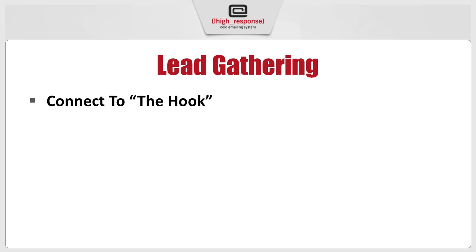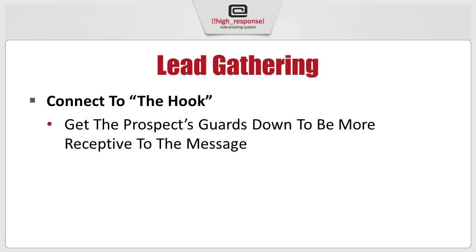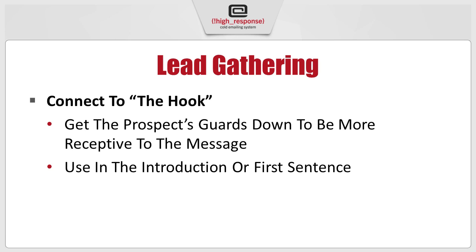So the second way this info could be used is you can use it as a hook. And that's something that we'll explain later on too. But the hook is how we get the prospect's guard down to be more receptive to the message. And typically we'll use it in the introduction or the first sentence in the cold email.